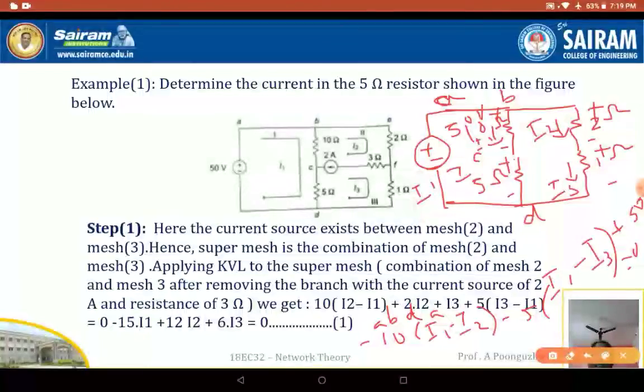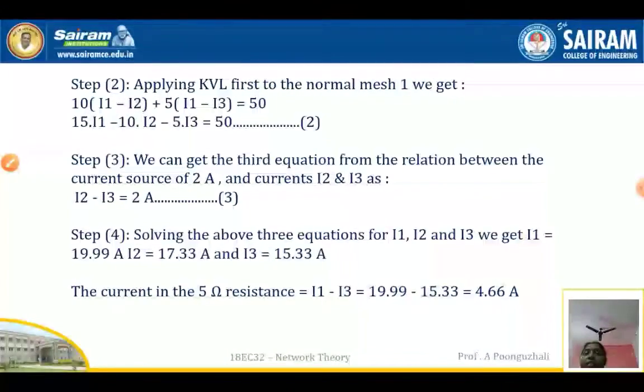So the first loop equation is 10 into I1 minus I2 plus 5 into I1 minus I3 is equivalent to 50.